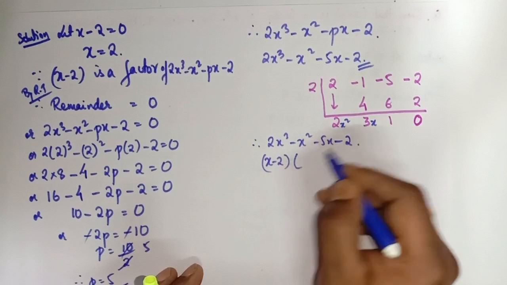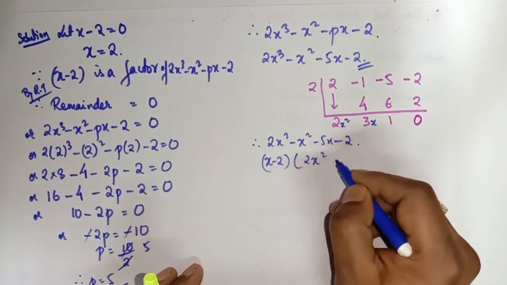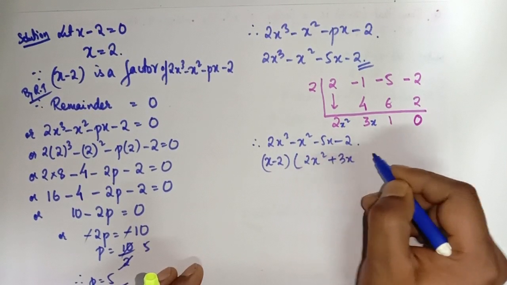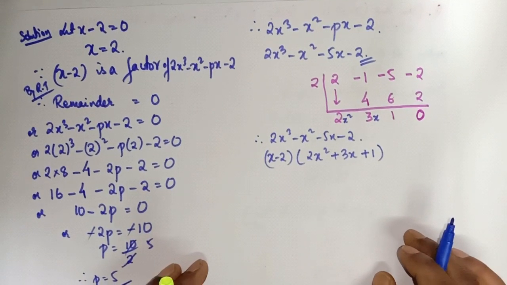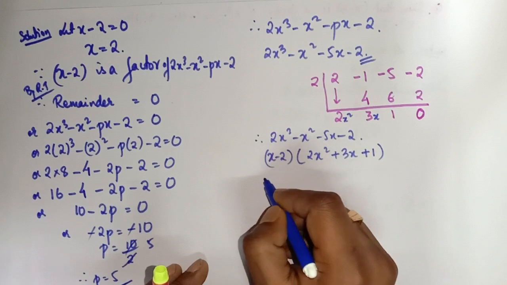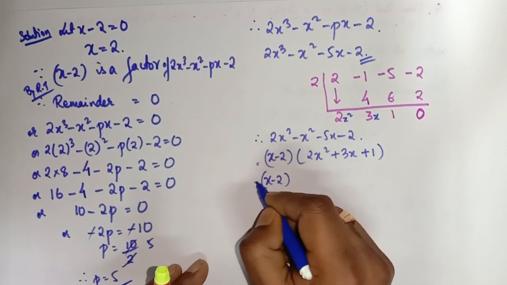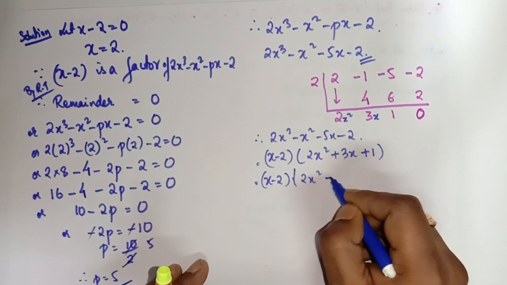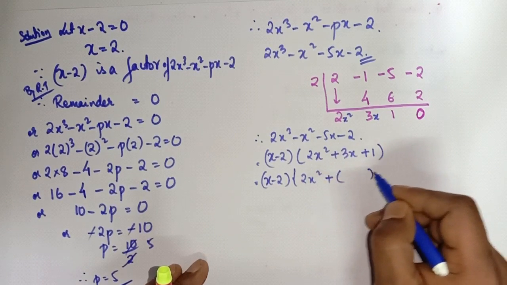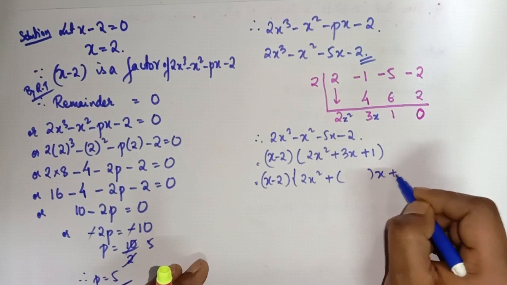Then in another bracket what will you write? This 2x square plus 3x plus 1. No sign means it's plus. Now we have to do breaking the middle term. Everyone knows what breaking the middle term is. So 2x square, and we break this 3 into x plus 1.